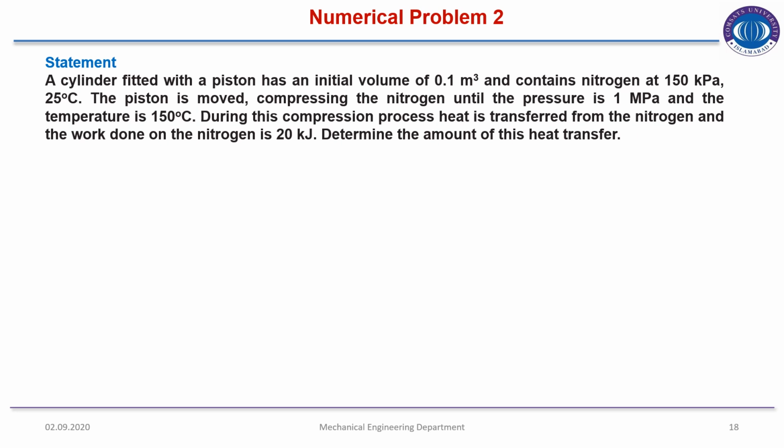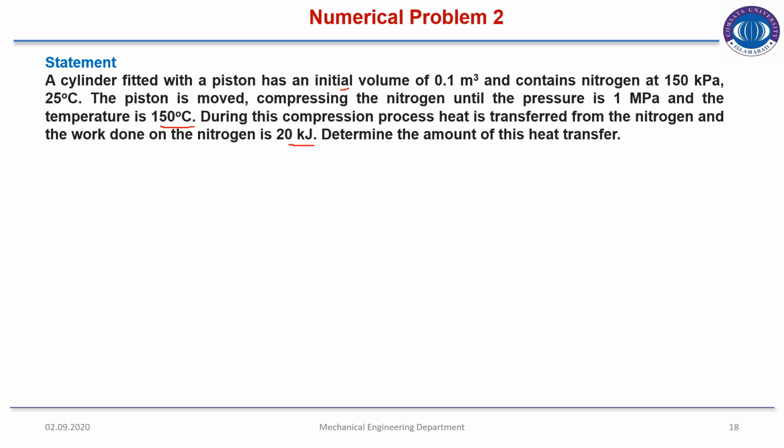The piston is moved compressing the nitrogen until the pressure is 1 megapascal and the temperature is 150 degrees centigrade. During this compression process, heat is transferred from the nitrogen and the work done on the nitrogen is 20 kilojoule. Determine the amount of this heat transfer.